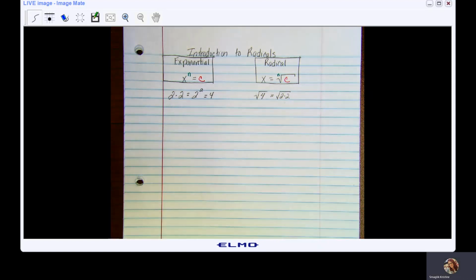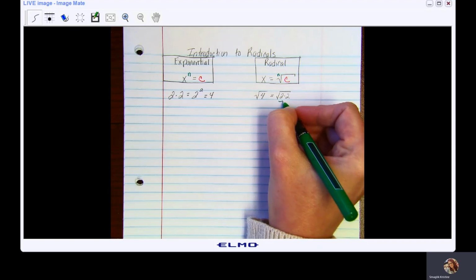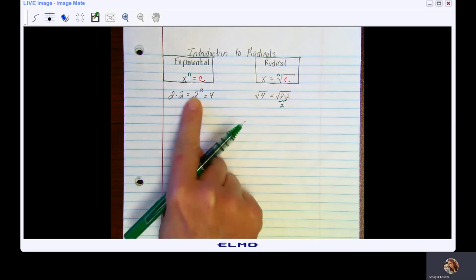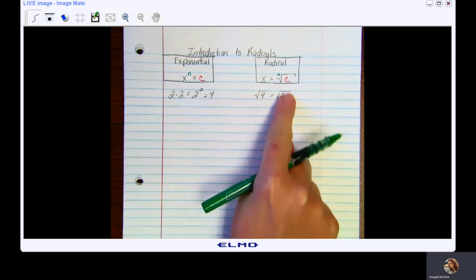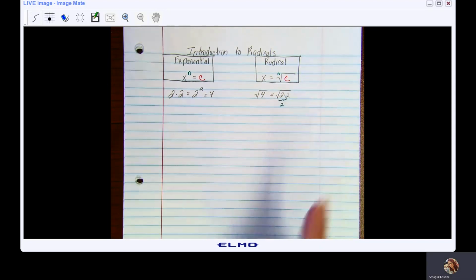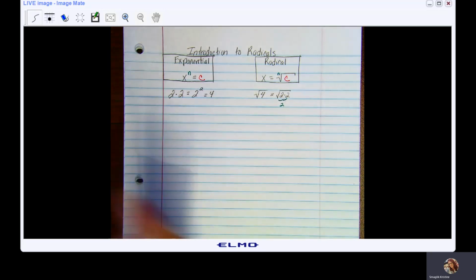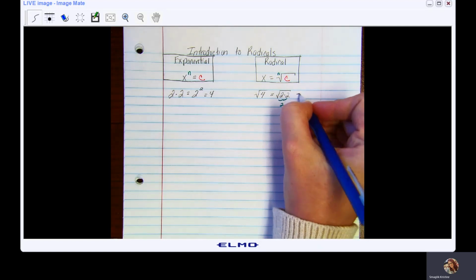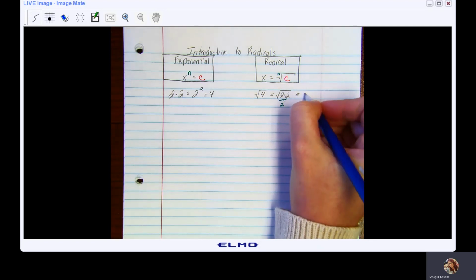Now notice when you factor this out, 2 appears twice. Your exponent was 2, and now underneath the radical, with a root of 2, it appears twice. So when you simplify it, we know the square root of 4 is 2.